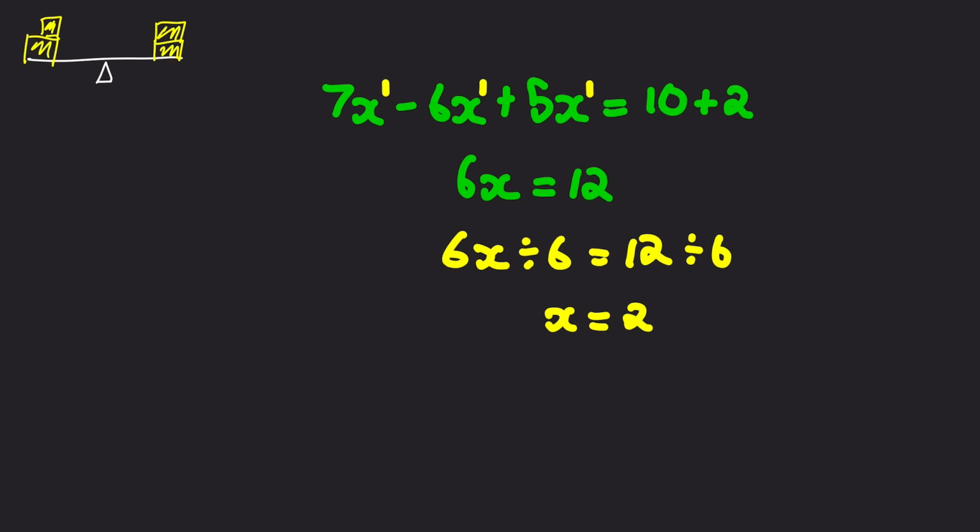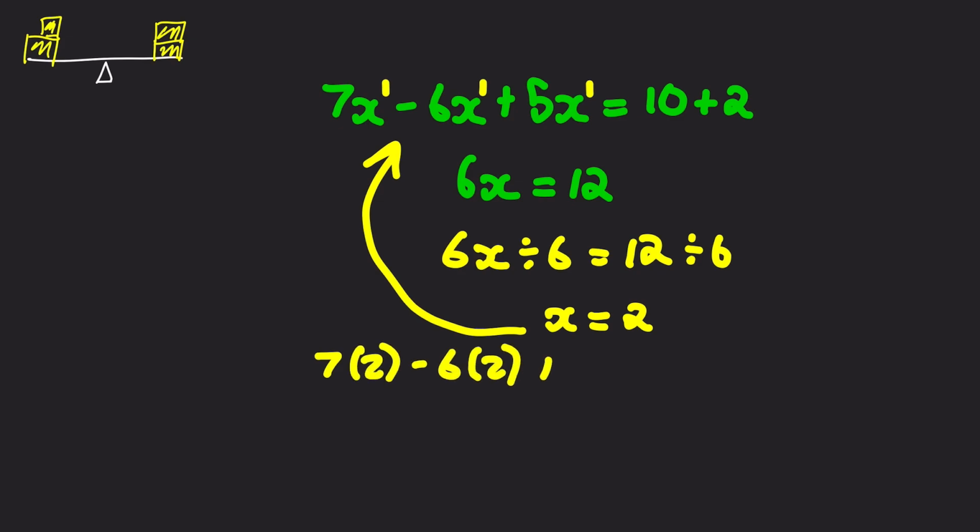And then we can actually test it, which is what this example is quite good at showing, is that we can test our variable to see if it's right. So 7 times 2 minus 6 times 2 plus 5 times 2, because that is effectively what we're doing, right?